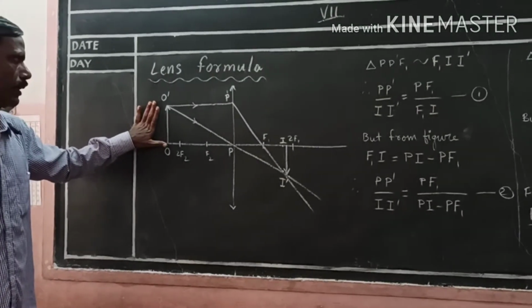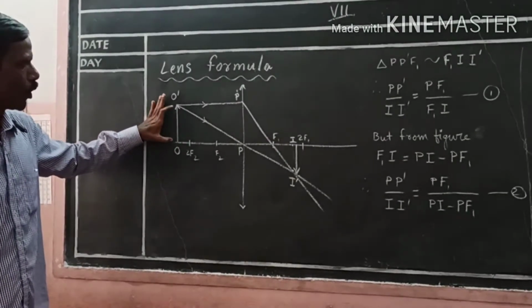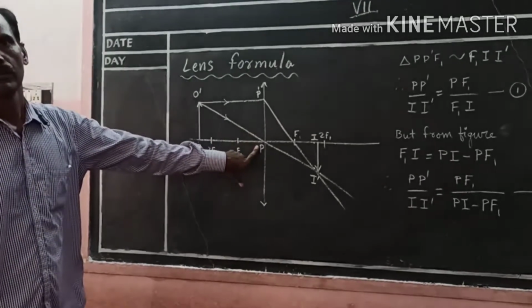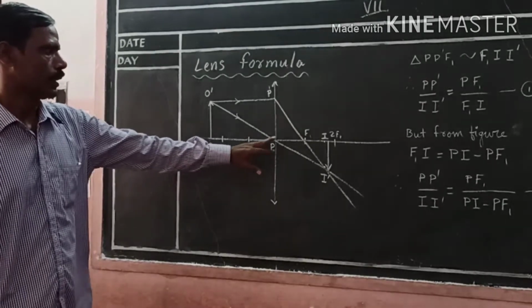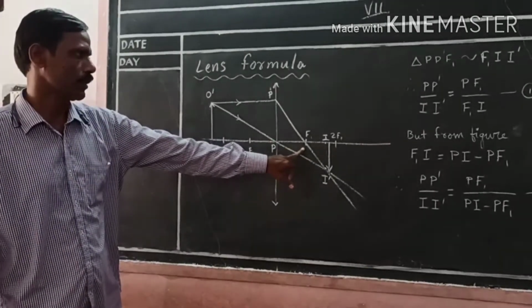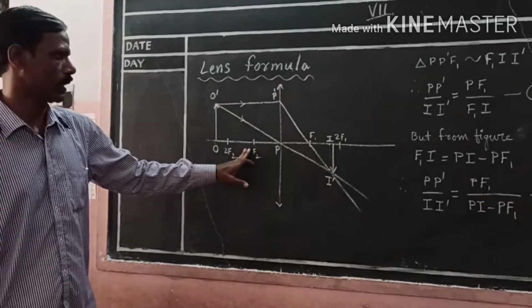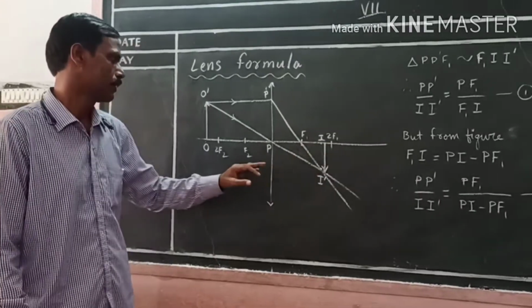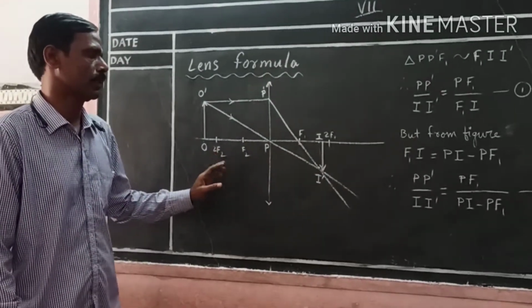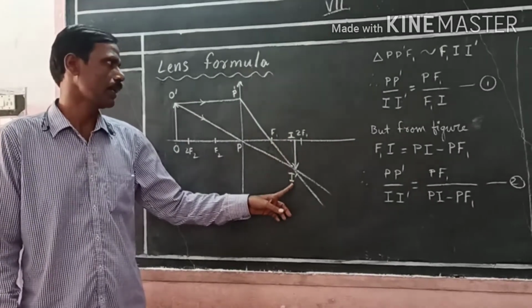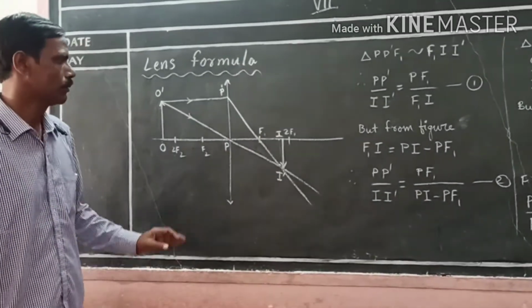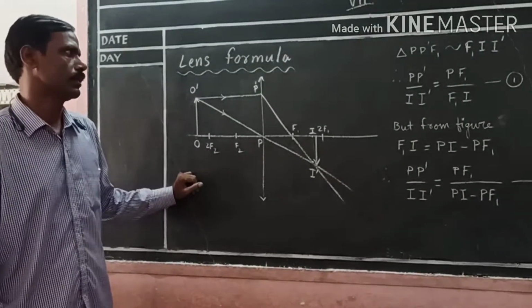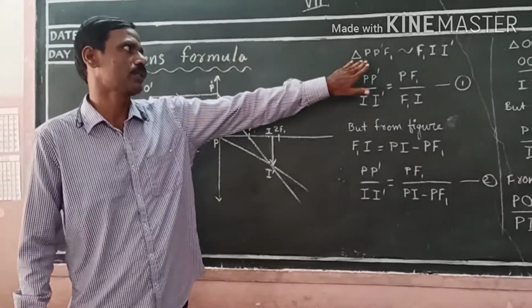Here O1 is the object, P is the pole, F1 is the focus, and F2 is the focus on the other side. 2F1 is double the focal length, and 2F2 is also double the focal length. I1 is the image.